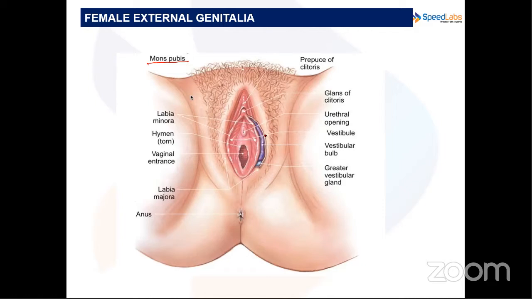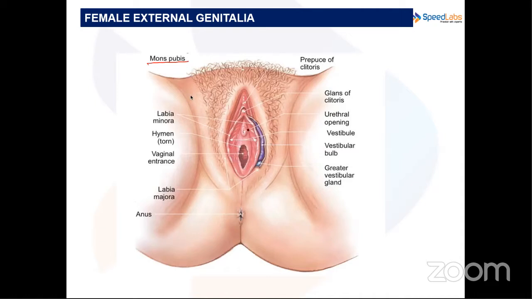So you have this bigger external fold, and then you have this smaller internal fold, which is labia minora. So mons pubis, elevated area, larger external fold, labia majora, and the inner fold, which is labia minora.